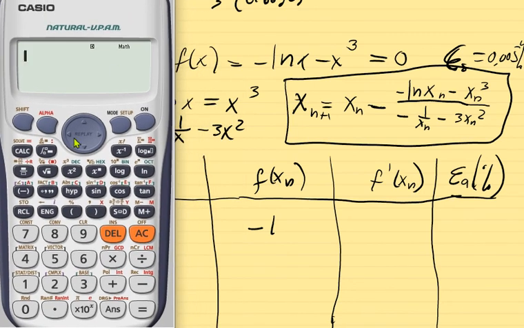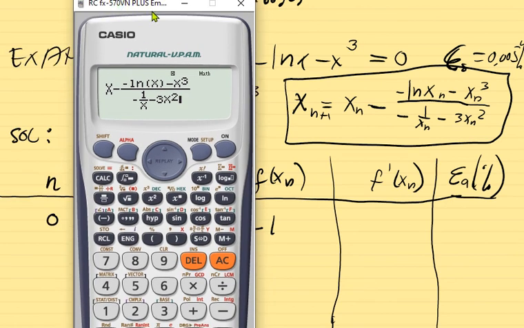Here, alpha x minus negative ln of alpha x, then minus alpha x cubed, then all over negative 1 over alpha x, then minus 3 times alpha x squared.